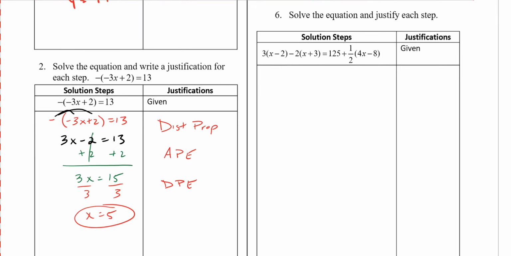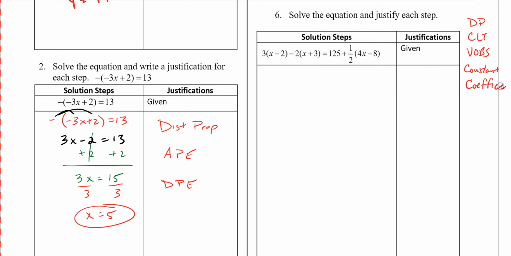Number 6, this is kind of a big problem, but we're still going to follow our regular steps. Remember from class we talked about the order of operations that we use: distributive property, combine like terms, variables on both sides, then we do the constant, then the coefficient.